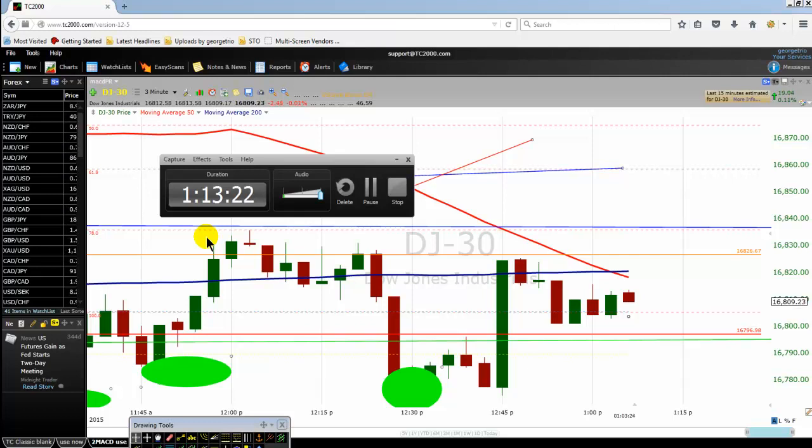Another type of moving average crossover that we have is the slow moving average crossover. In that case, when we have a bullish slow moving average crossover, it is straight away a bullish trade setup. Now you understand.